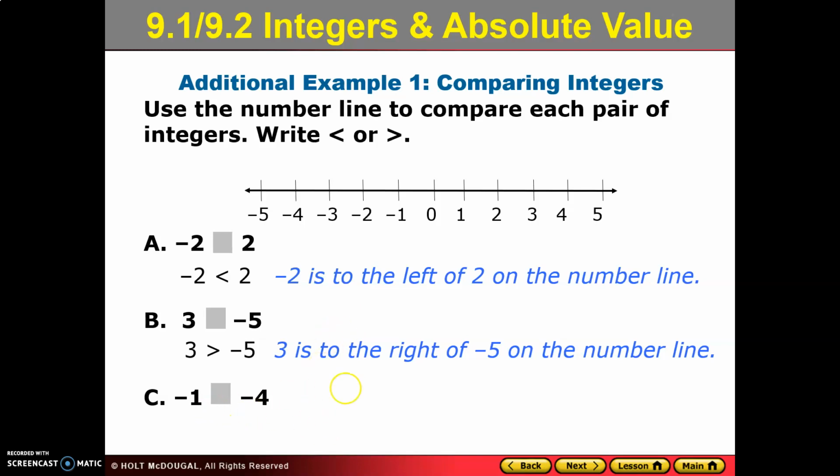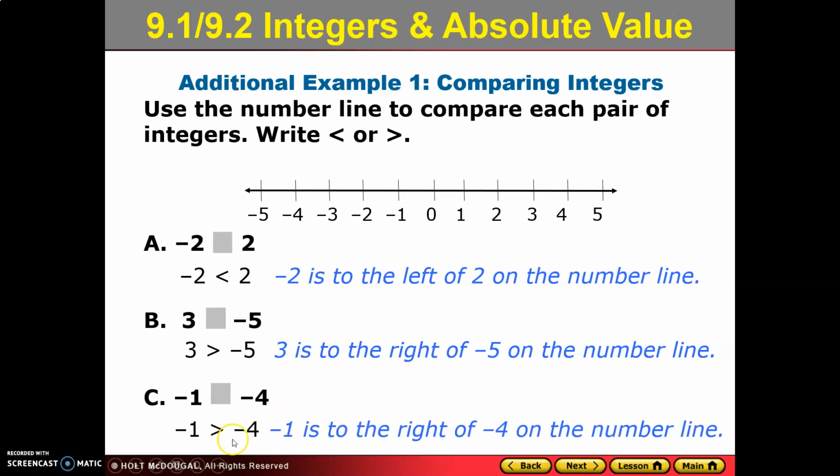Anytime you have a positive number, it's going to be bigger than the negative, right? Where it gets tricky is if you have 2 negatives. We have a -1, which is right here on the number line, and then we have -4. -4 is to the left of -1, which means it's smaller. So if I look here, -1 is greater than -4.